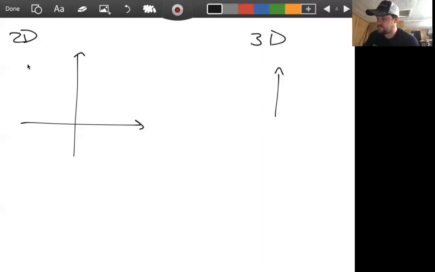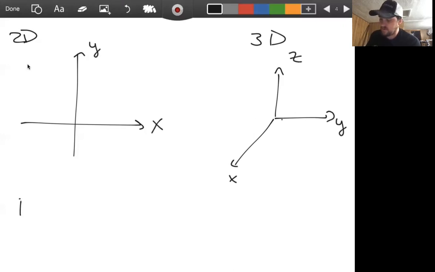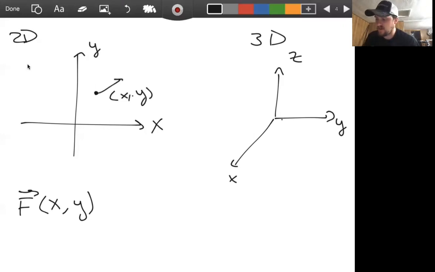Okay. And so this is what a vector field does. I'll draw the 2D picture here, and then the 3D picture here. What a vector field does, say we have a vector field f of x, y, it assigns a vector to each point. So you pick a point x, y, you plug that point into the vector field and it spits out some vector.